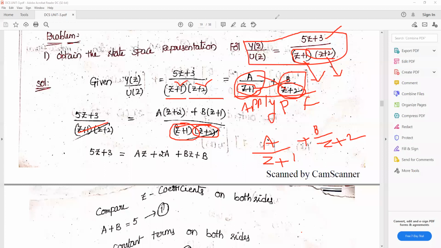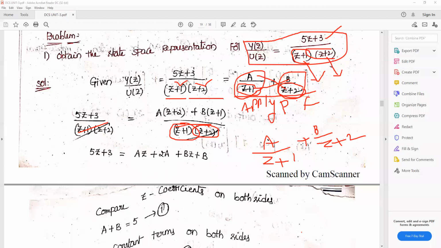So A is equal to -2, B is equal to 7. Substitute the values. A value is -2, B value is 7. So -2 by z plus 1 and B is 7, 7 by z plus 2.